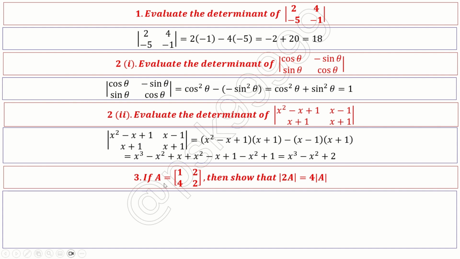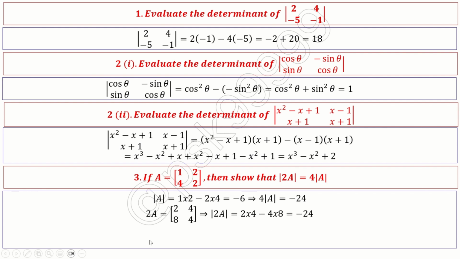Take a second order matrix A with rows 1 2 and 4 2. Show that determinant of 2A is equal to 4 times determinant of A, not 2 times. I am multiplying the matrix with a constant 2. First, determinant of A is nothing but 1 into 2 minus 4 into 2, which is minus 6. 4 times determinant of A is minus 24.